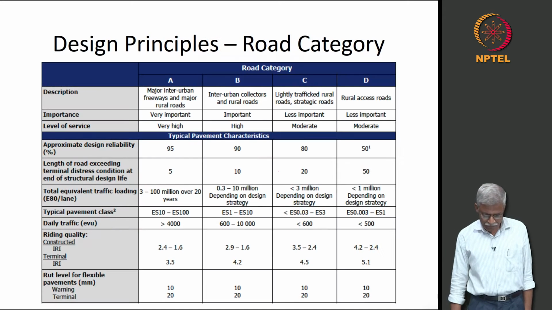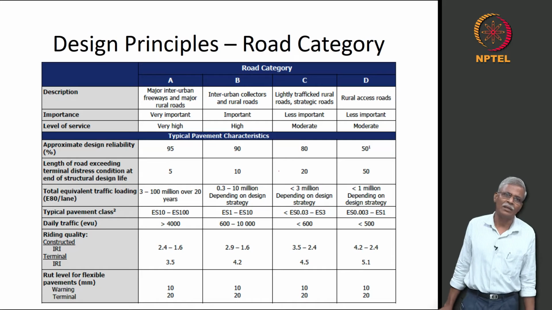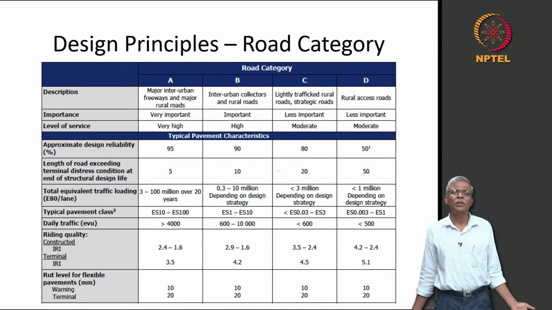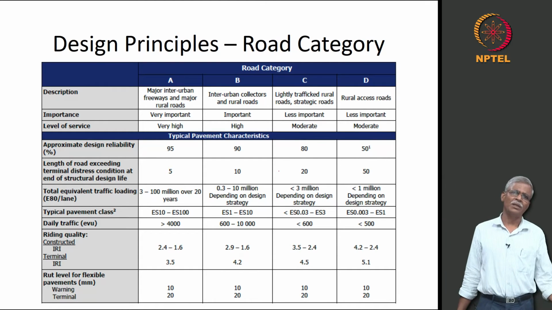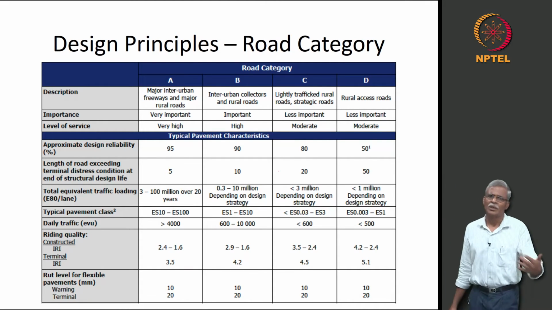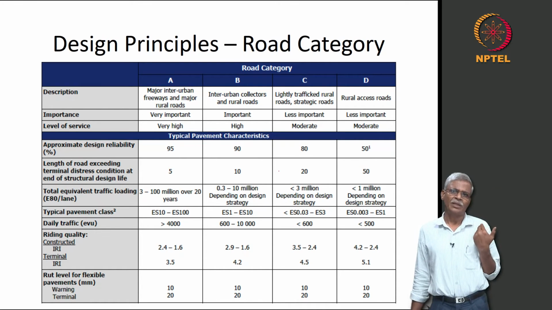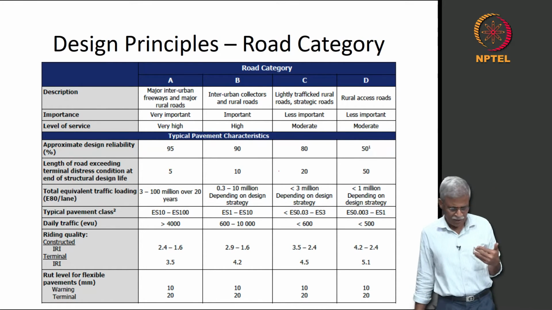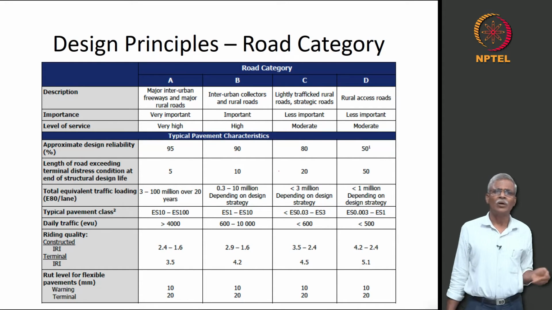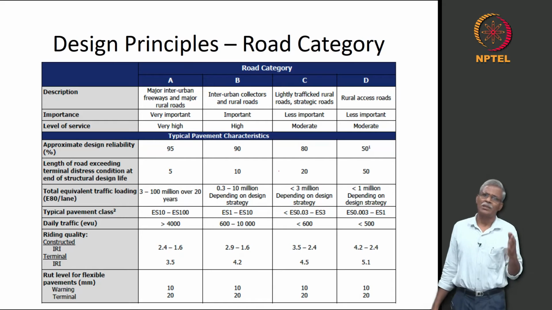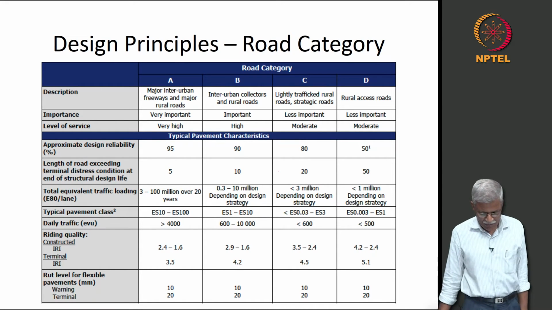Okay. Right. So, this is the road category they define. You need to think in terms of expressways, national highways, state highways, major district roads, minor district roads, and all those classifications that we have in India. So, similar to that they have the road category, which they call in a very simple way A, B, C, D. Okay. So, now what exactly is this A, B, C, D?